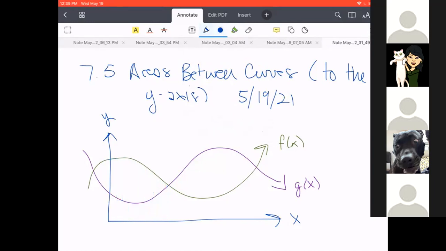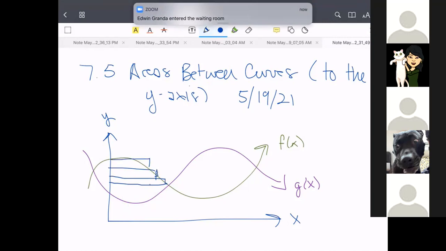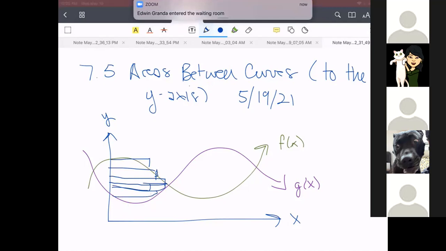But if instead I wanted to find the area to the y-axis, the horizontal area, you would do the same concept. So instead of finding a rectangle to the x-axis, I would be finding a rectangle from this intersection point to the y-axis, from where the function is to the y-axis.